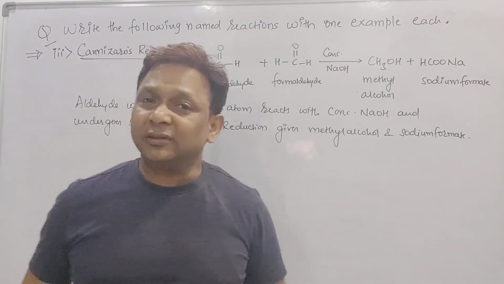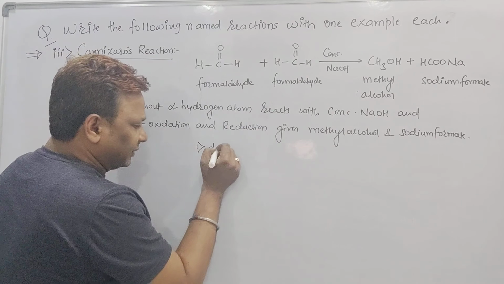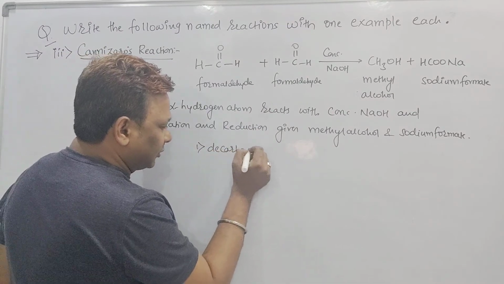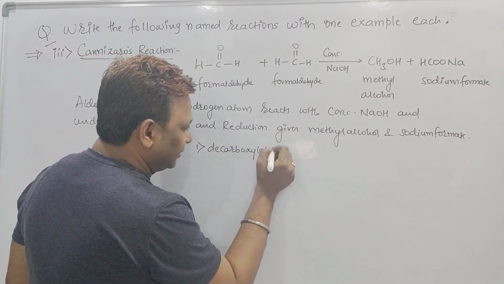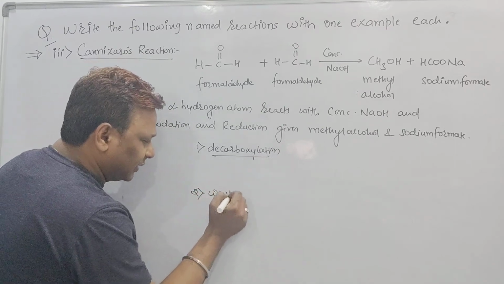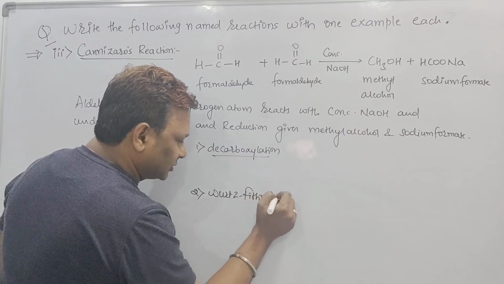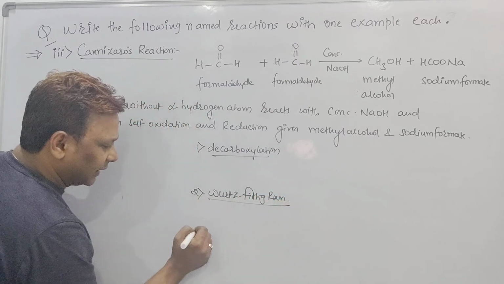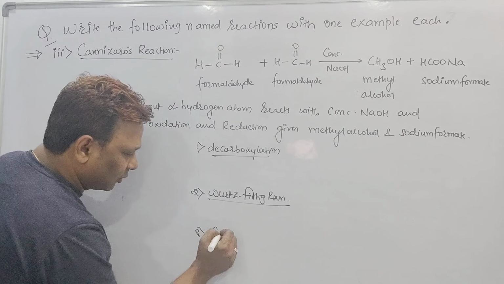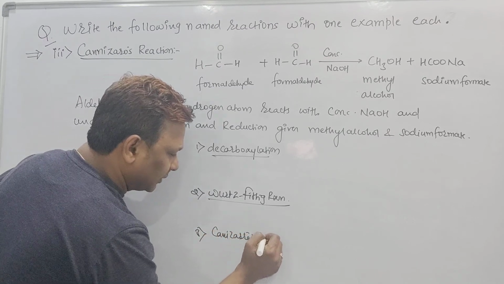But till now we have seen three reactions. Just one simple revision. The first one is called decarboxylation. Is it clear? The second one we have seen, sir, is the Wurtz-Fittig reaction. And the third one we saw is called the Cannizzaro reaction. Is it clear, beta?